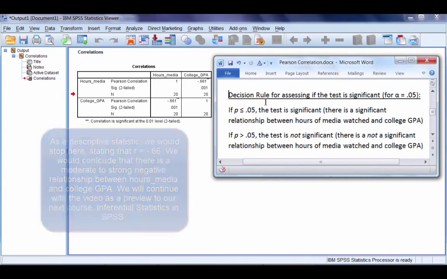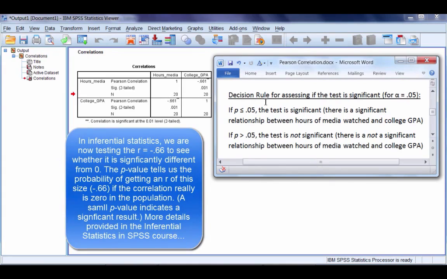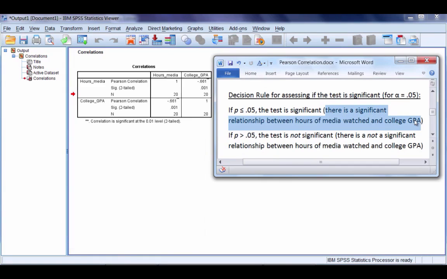So using an alpha of 0.05 and a two-tailed test, where a two-tailed test allows for a positive correlation or a negative correlation, we can use the following decision rule as we have for all of our tests. If p is less than or equal to 0.05, the test is significant, which here would indicate that there is a significant relationship between hours of media watched and college GPA.